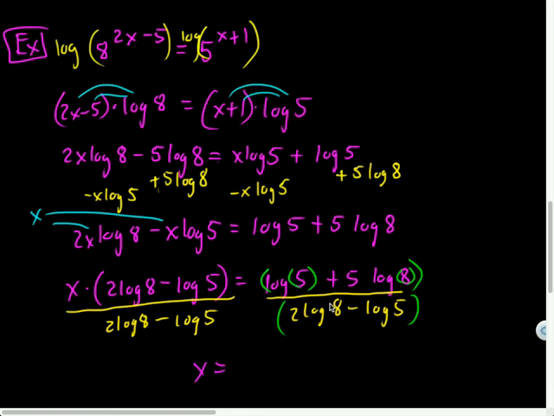So I just want to make sure you're very careful plugging that in. Because it'd be a shame to do all of this work correctly and then just mess up at the very end, wouldn't it? So open parenthesis, log 5 plus 5 log 8, close parenthesis, divide, open parenthesis, 2 log 8, close parenthesis, minus log 5, close parenthesis.